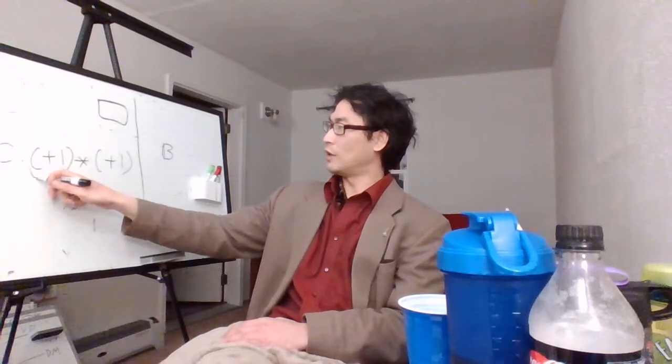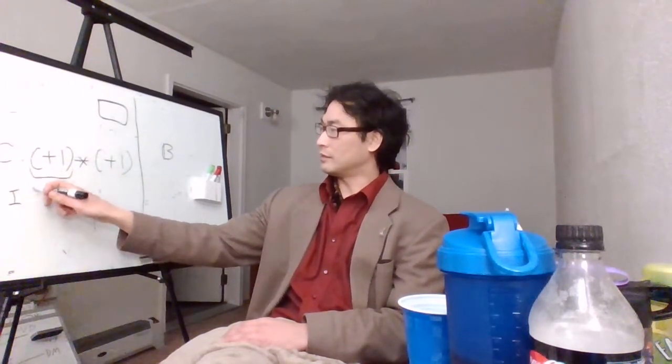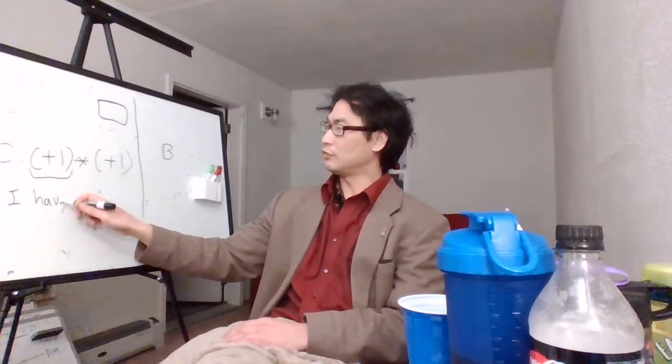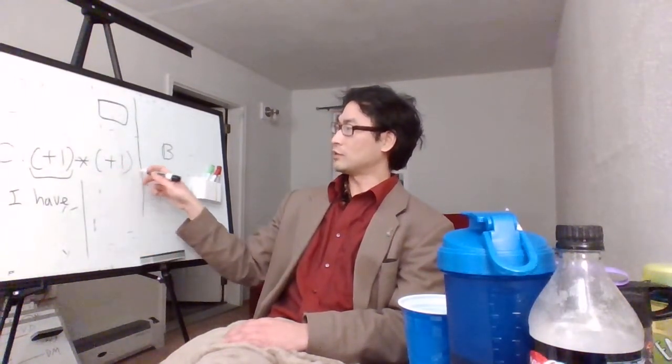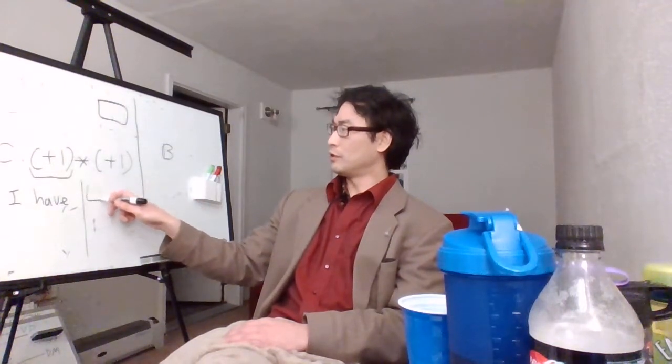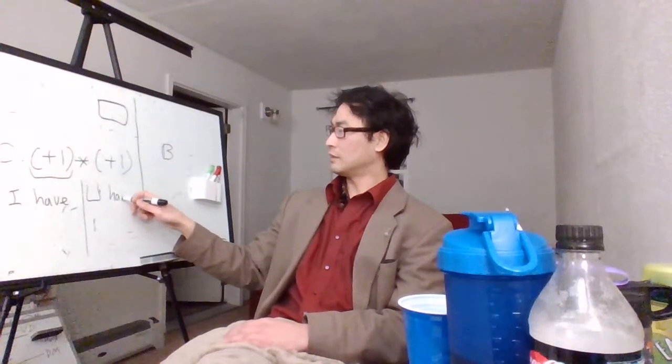So this plus one represents I have it. It's to have and to have not. And this second plus one comes from you have not.